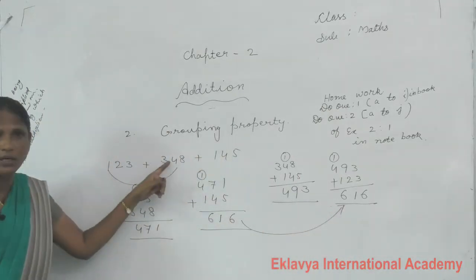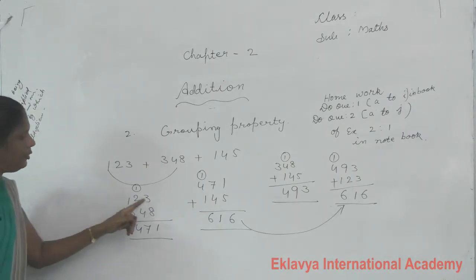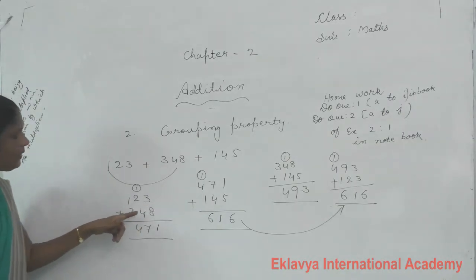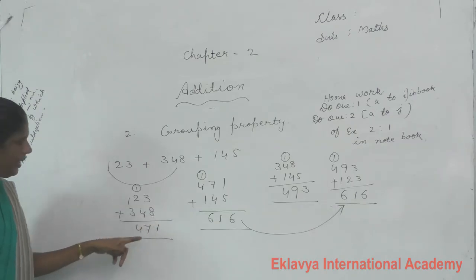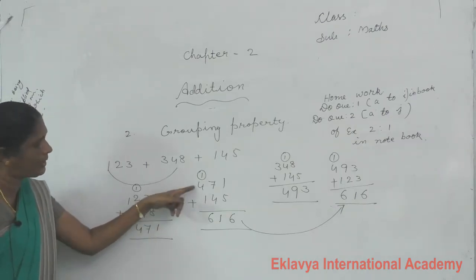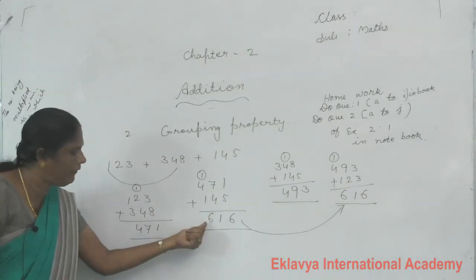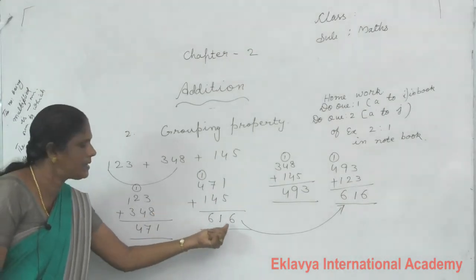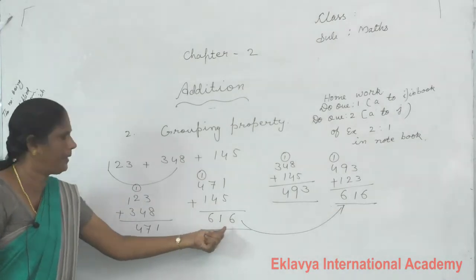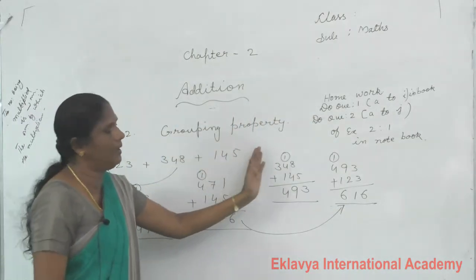I change the group. Here first I write 123 and 348. We get 471. Then 471 plus 145, we get 616. Then second step, I change the numbers.